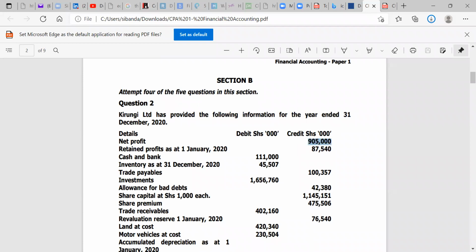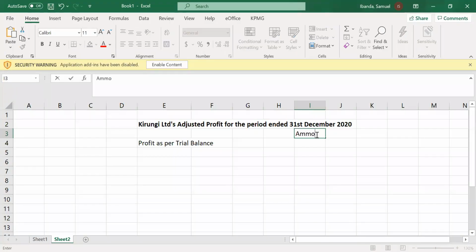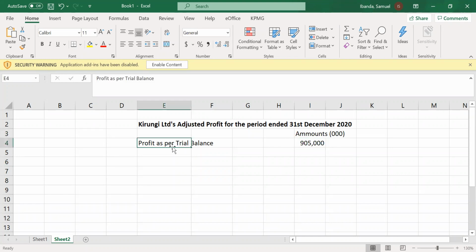Let's include amounts here. Sorry, these amounts are in thousands, so that when you write 905, they can easily know that's 905. So this is your balance.